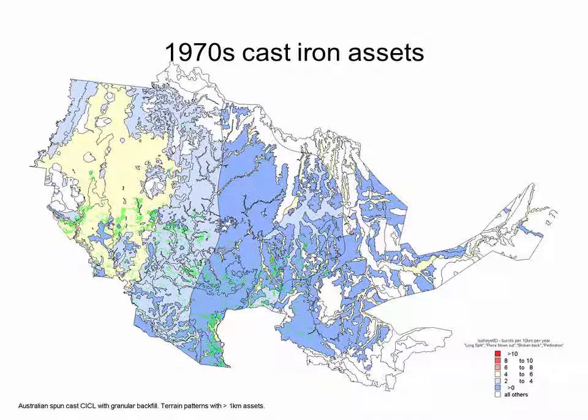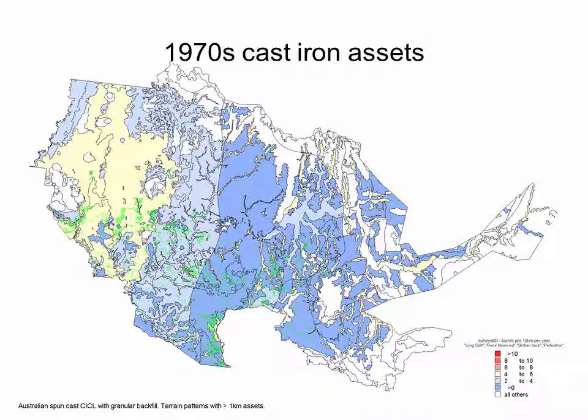So my in-house software that I call CatchMap 2008 can analyse asset failures at terrain pattern scale. Okay, that's these soil polygons that we saw in the soil map. Now this slide and the next two slides demonstrate that failure rates are affected by asset age.